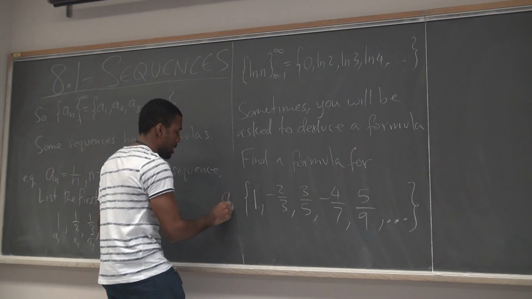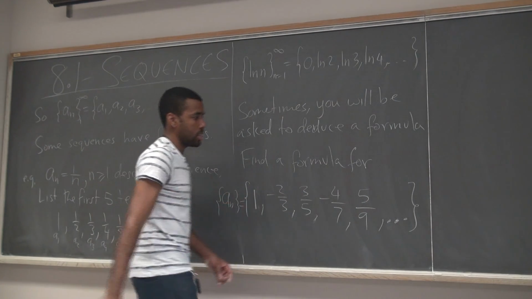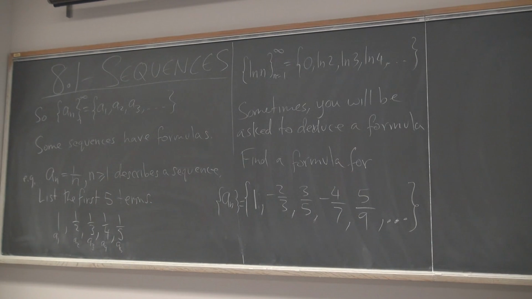So here the sequence A_n is that list going on forever. What's the formula for the sequence? n over 2n minus 1, and minus 1 to some power, or plus 1 depending on where you start. So you'd say A_n equals, starting at n equals, well, if I start at n equals 0, the first term would be 0.